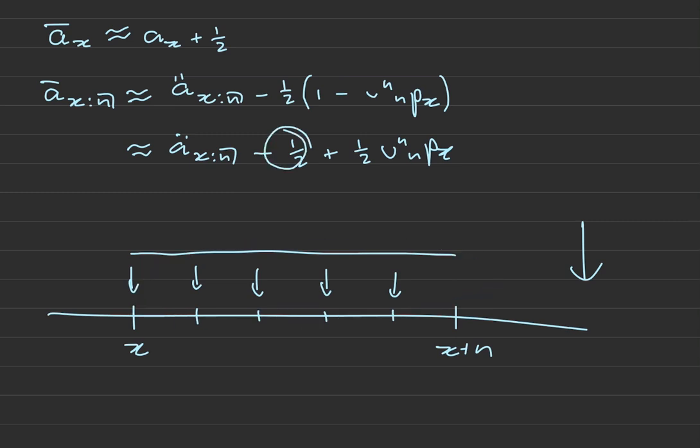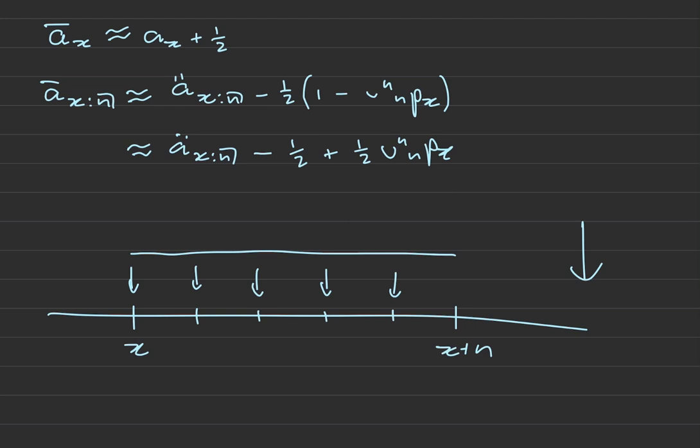So if I've subtracted a half, I've subtracted too much, because they're approximately equal. So I must then add something back. And why do I add v to the n npx? Well, this half deals with this first payment, but this v to the n npx deals with the difference that occurs in this last payment.